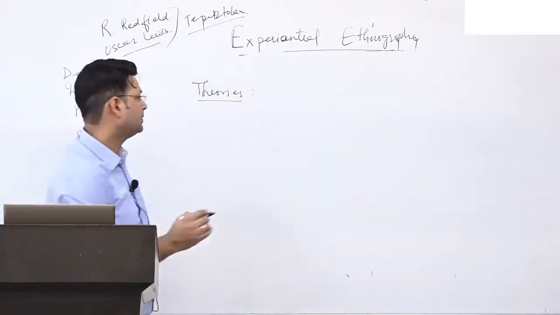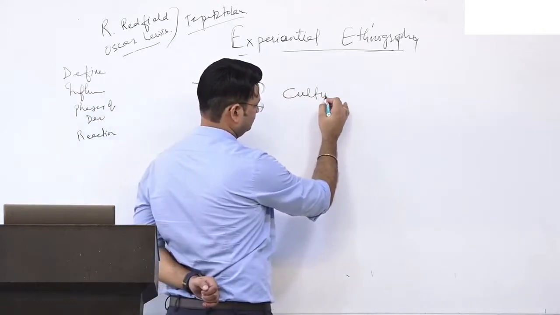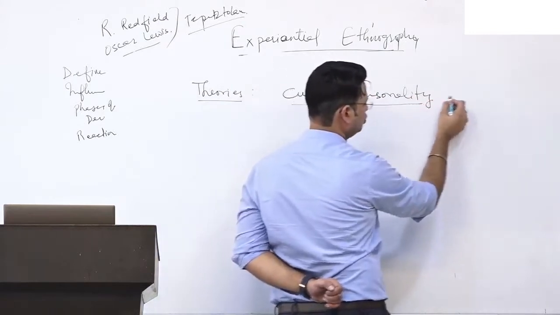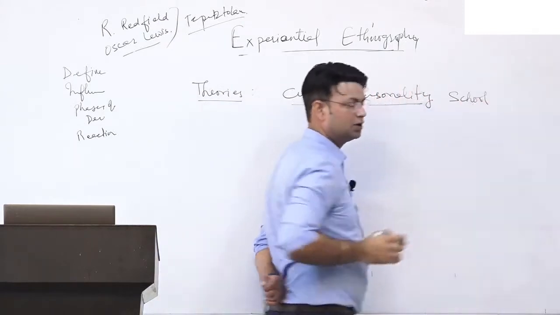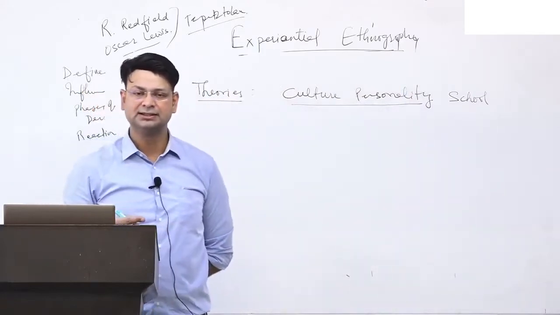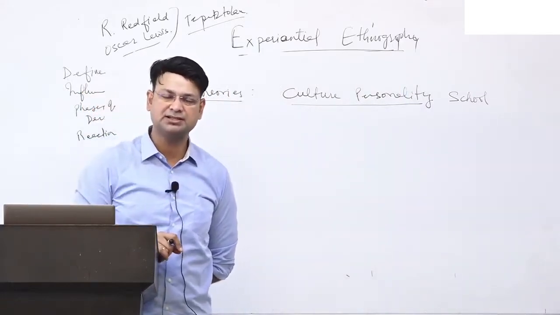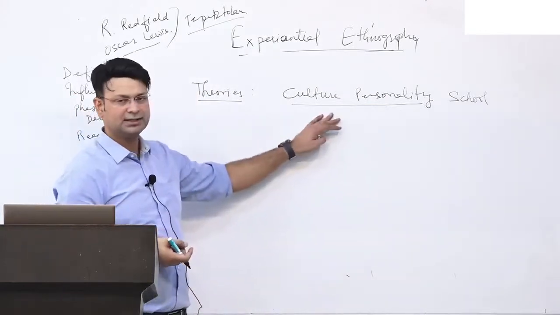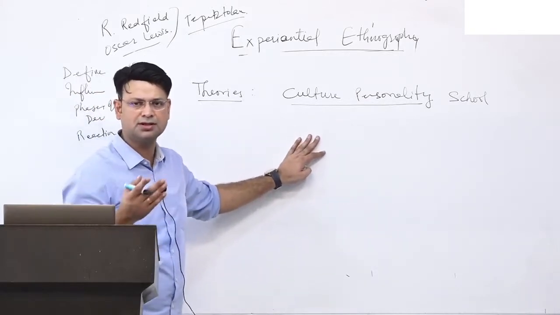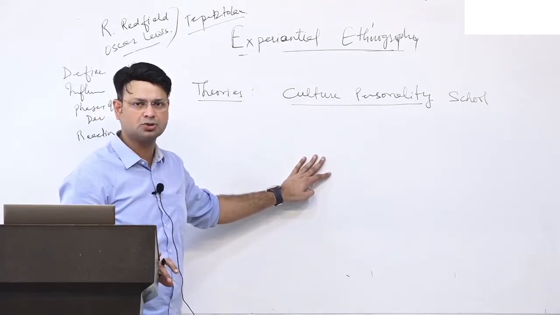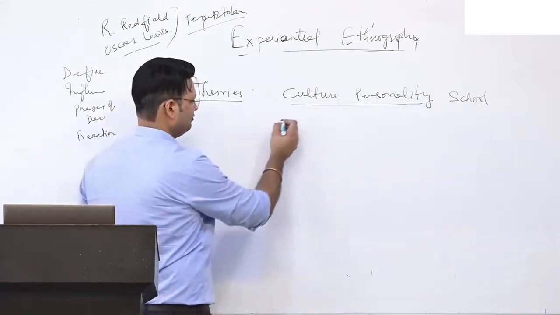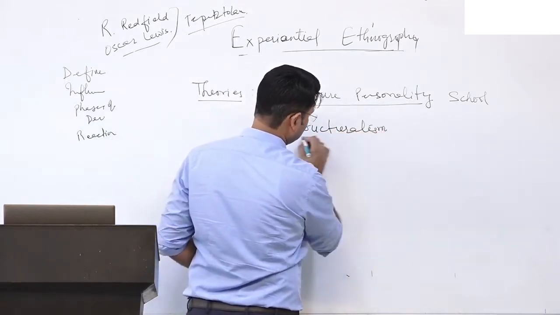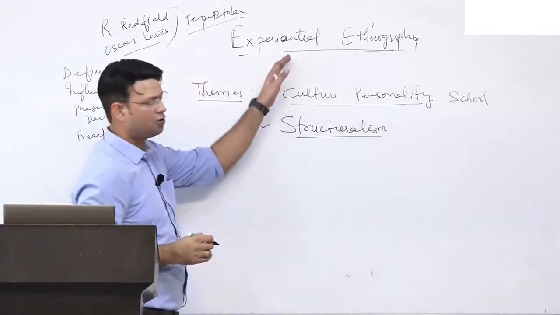Say the culture and personality school: after Malinowski, it used this method to understand how people perceived reality. People's cognitive aspects and structures of experience were being studied here. Various methods were used by the scholars, especially Cora Du Bois, who used the cognitive approach. Then we see structuralism, which also tries to use some form of it.